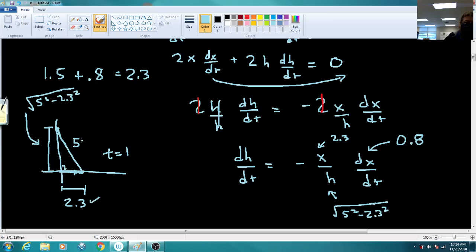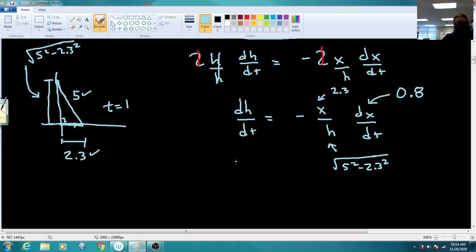Since we know this side, we know that side, we can use this to figure out the remaining side. And at this point, we're ready just to plug these values in. So what I put in my calculator is 2.3 over the square root of 5 squared minus 2.3 squared. And then that all gets multiplied by 0.8.